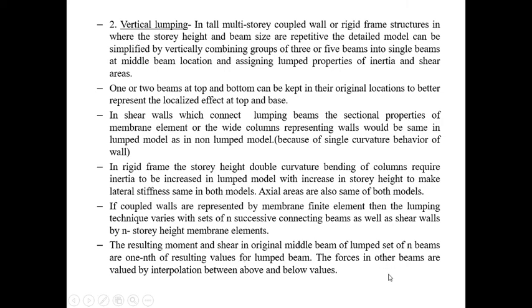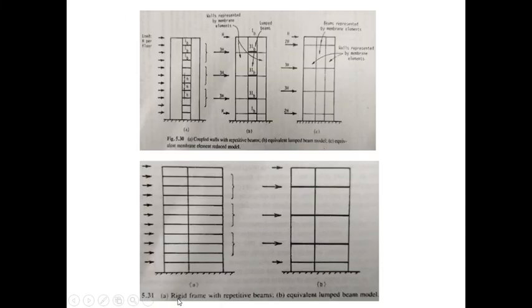The forces in the other beams are found by interpolation. In this case it is the equivalent membrane. This is also the beam element representation. All these techniques are to be applied when we go for reduction techniques in the analysis of the models.